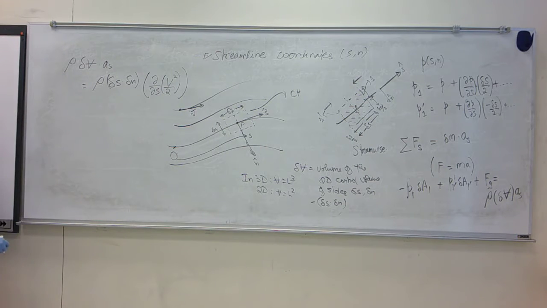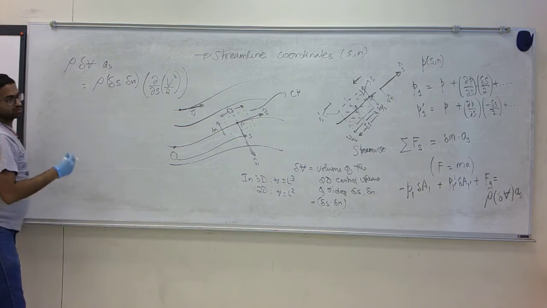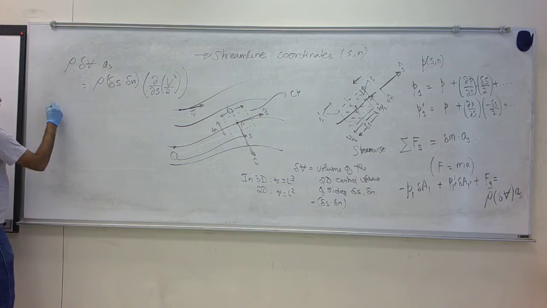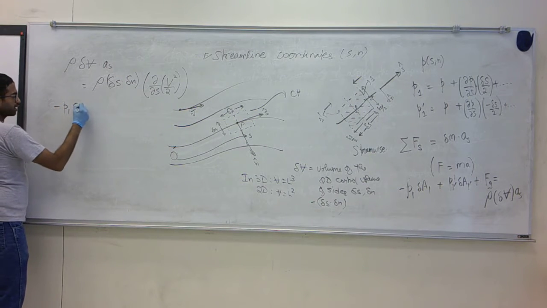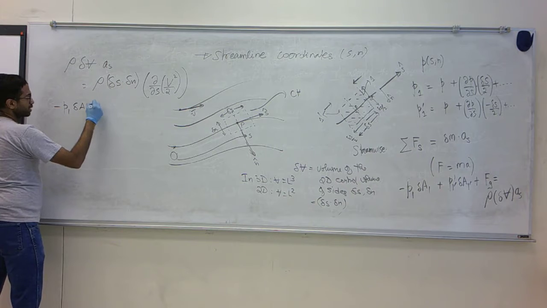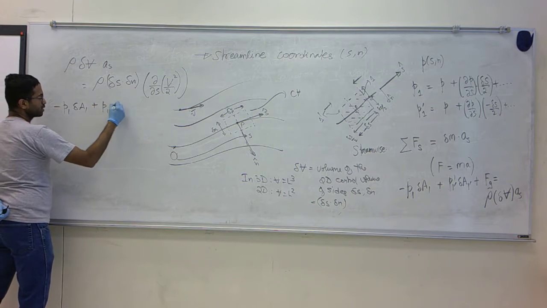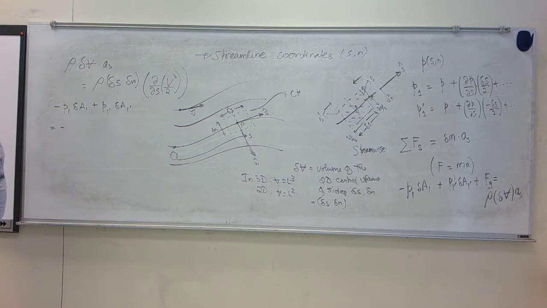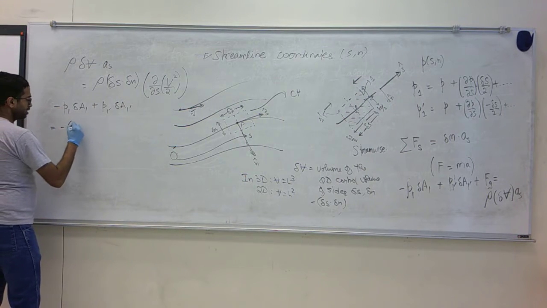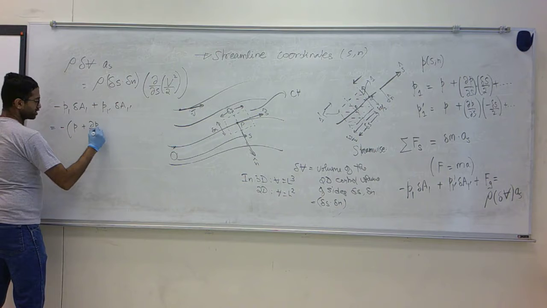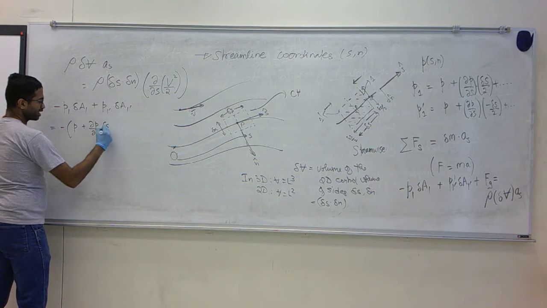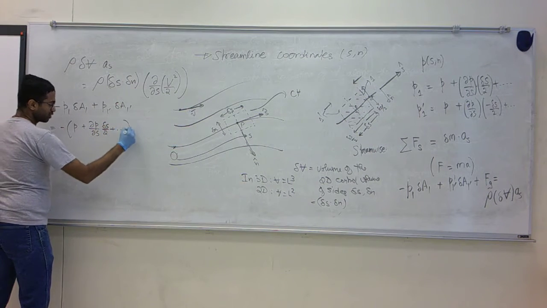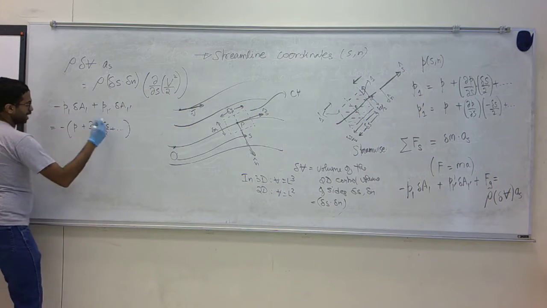Okay, that is the right side. And I also have minus P1 delta A1 plus P1 dash delta A1 dash, which is minus P1 minus P plus partial P over partial S delta S over 2 plus a bunch of terms times delta A.